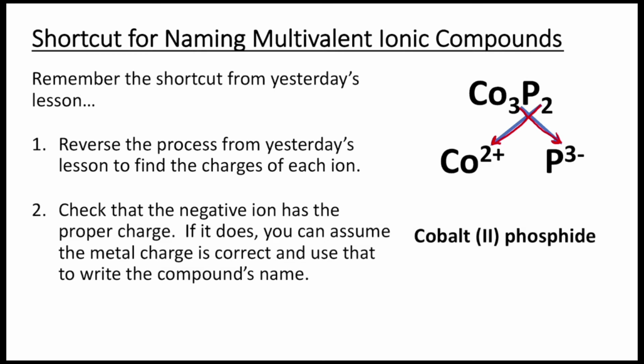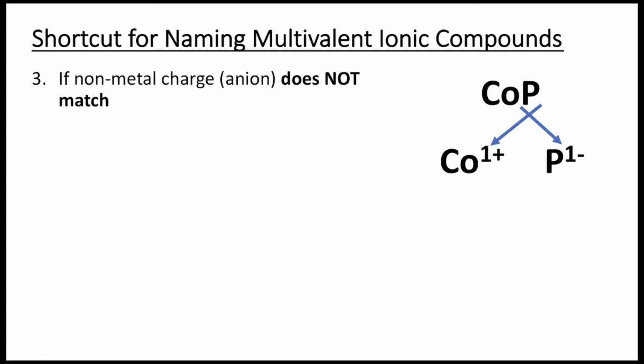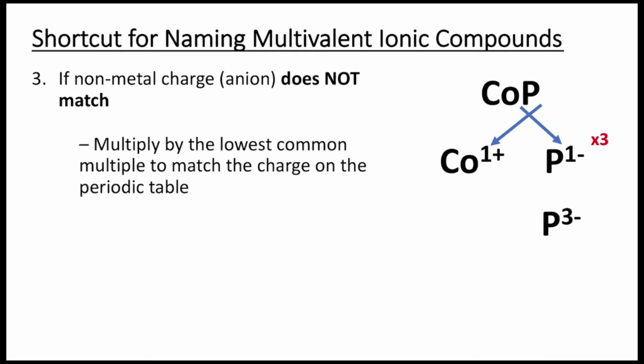In this case, because cobalt has a 2 plus charge, it is cobalt(II) phosphide, remembering that you still need to change that ending to IDE from phosphorus. If the nonmetal charge, the anion, does not match, for example, in this case, if we take the invisible 1 from the phosphorus, it becomes a 1 plus charge on the cobalt, and we take the invisible 1 on the cobalt, and it becomes a 1 minus charge on the phosphorus.